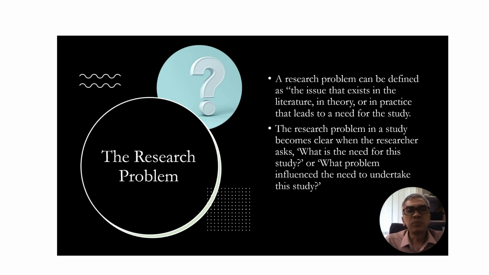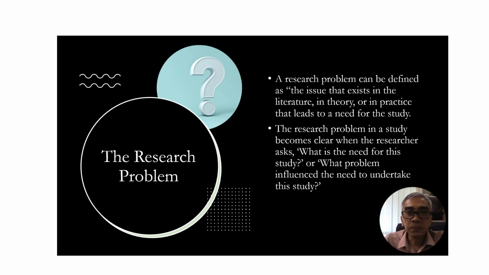Now we come to the research problem. A research problem is defined as an issue in literature, theory, or practice that creates the need for the study. In simple terms, it answers two questions. What is the problem? And why does it require investigation?